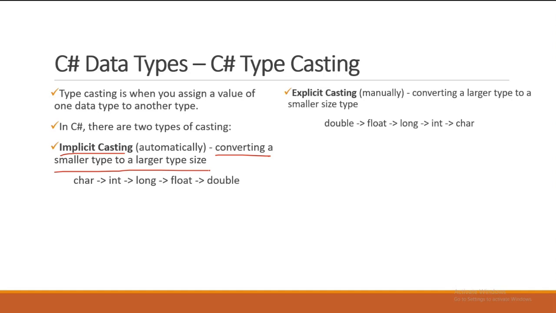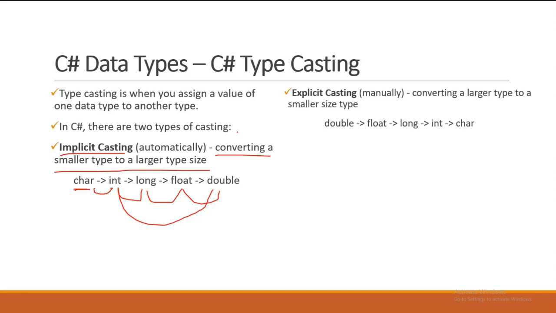If it's not convertible, then we can get an error. For example, char can be implicitly cast to int, from int to long, from long to float, from float to double, or directly from int to double, for example. It's possible, and it is automatic type casting that we can use in our application.